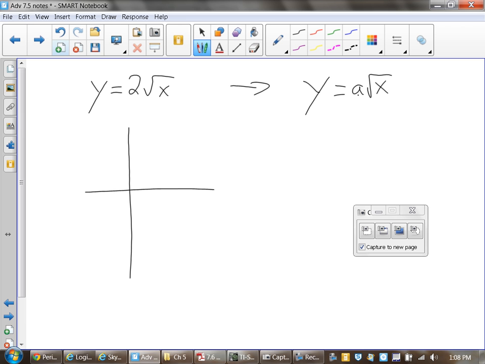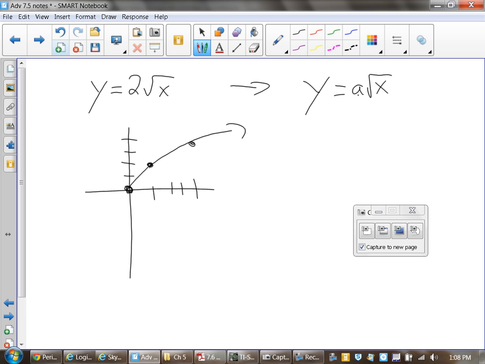When x is 0, what's the square root of 0? 0. What's 0 times 2? 0. When x is 1, what's the square root of 1? What's 1 times 2? 2. So that means now at 1, it's at 2. It's just getting different ordered pairs. And again, at 4, the square root of 4 is 2. 2 times 2 is 4. That a value is just multiplying by some factor. It's changing the ordered pairs.